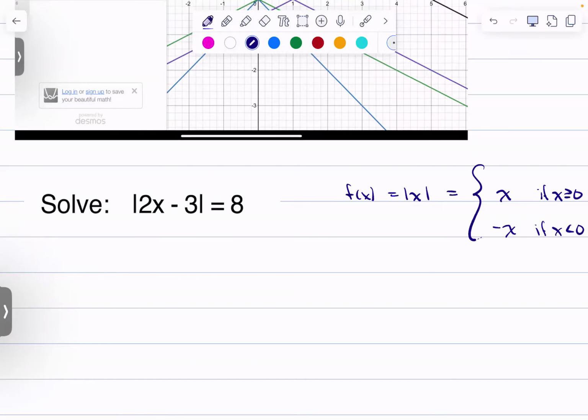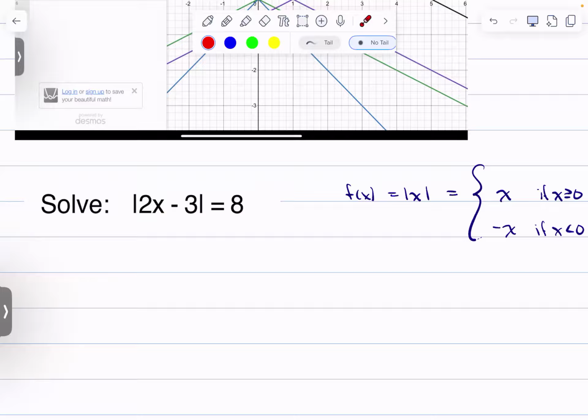Which means that inside your brackets, you have two options: 2x minus 3 is either positive and it has to equal 8, or 2x minus 3 is negative and it has to equal 8.